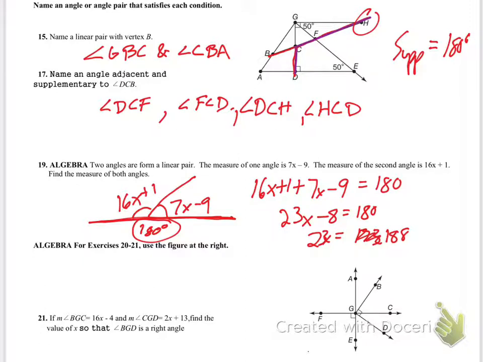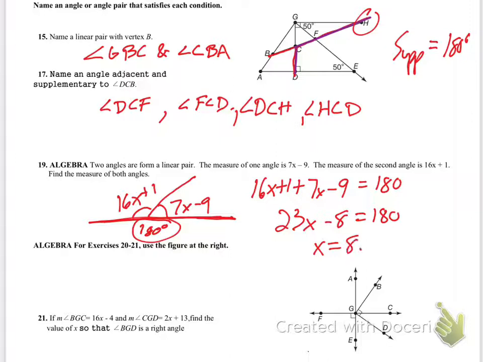It's going to equal, so let me double check my work here. So that would be 23x minus 8 equals 180, so 188. 188 divided by 23 is going to be 8.17, so x is 8.17. Let me know if I did that one wrong.